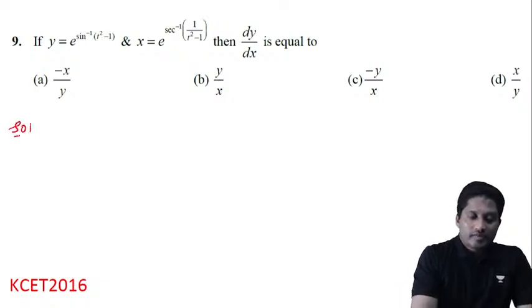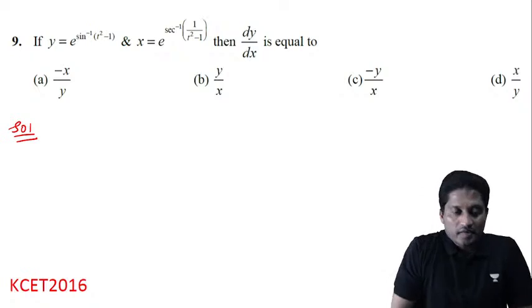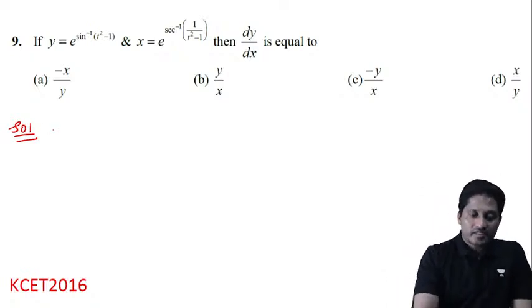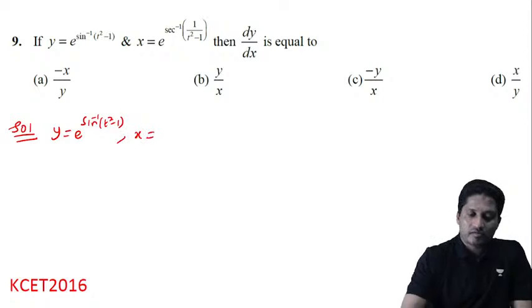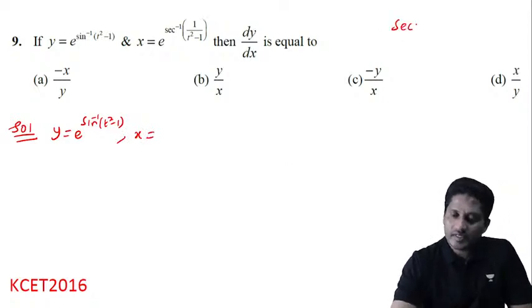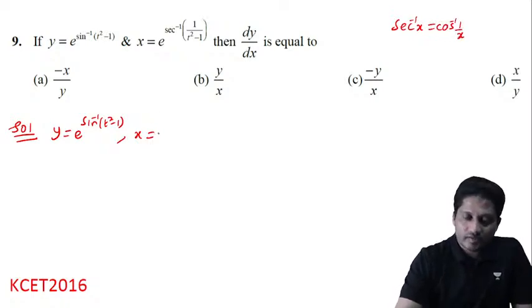No need to take log on both the sides. Differentiate this. I can write y is equal to e to the power of sine inverse of (t square minus 1), and x is equal to e to the power of cos inverse of (t square minus 1), right?